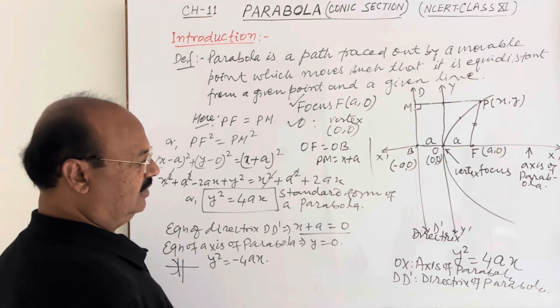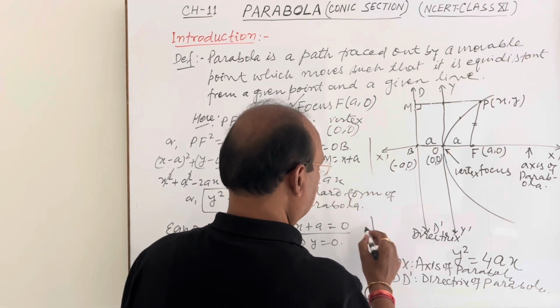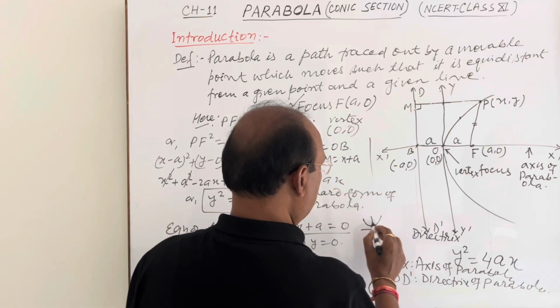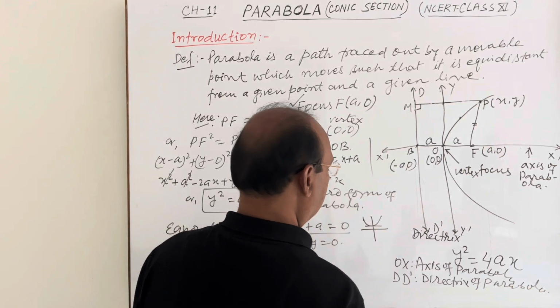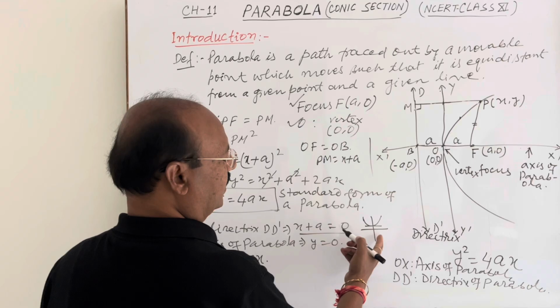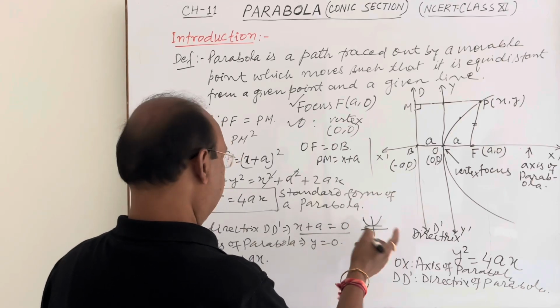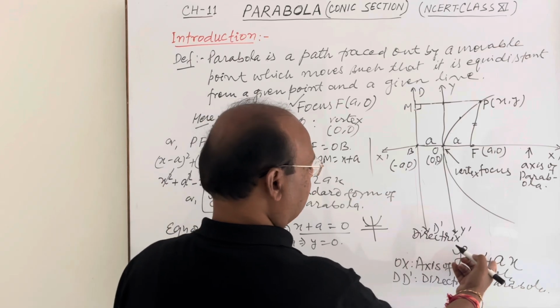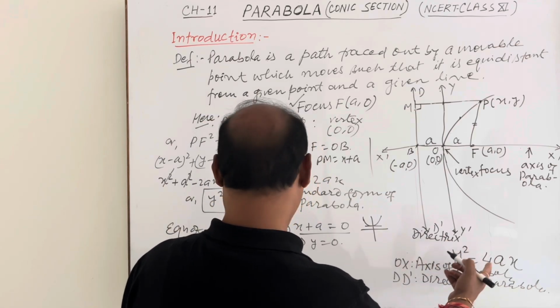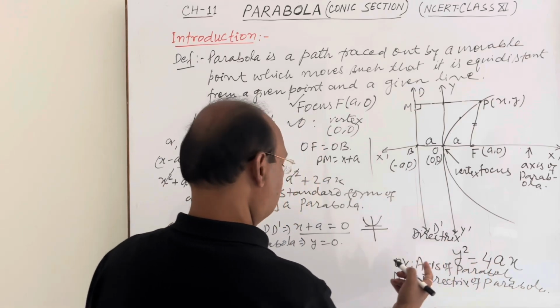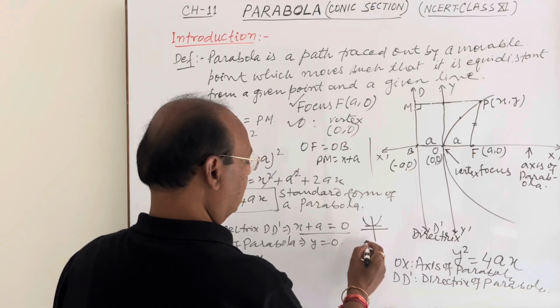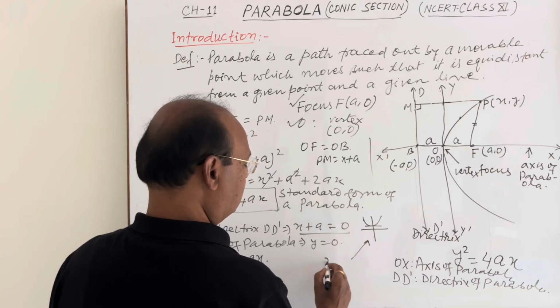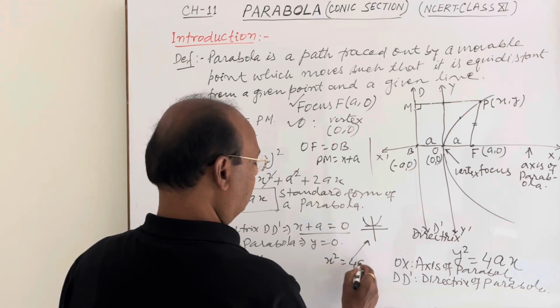If the parabola is vertically upward like this, in this case x and y get interchanged, so the equation of the parabola is x square is equal to 4ay.